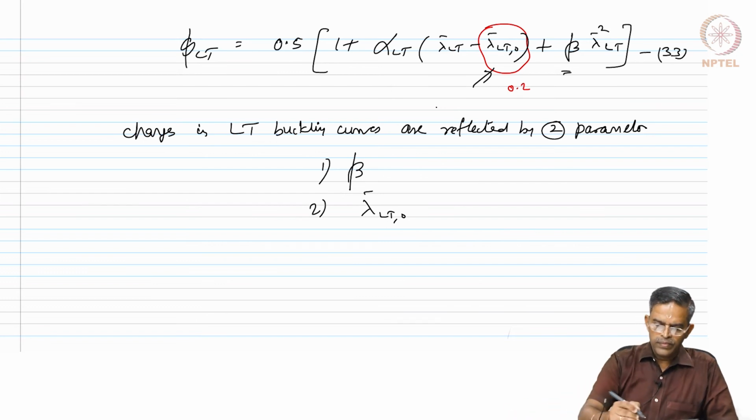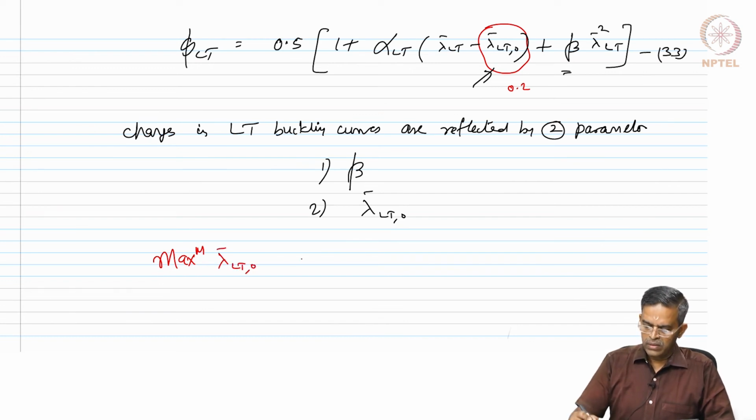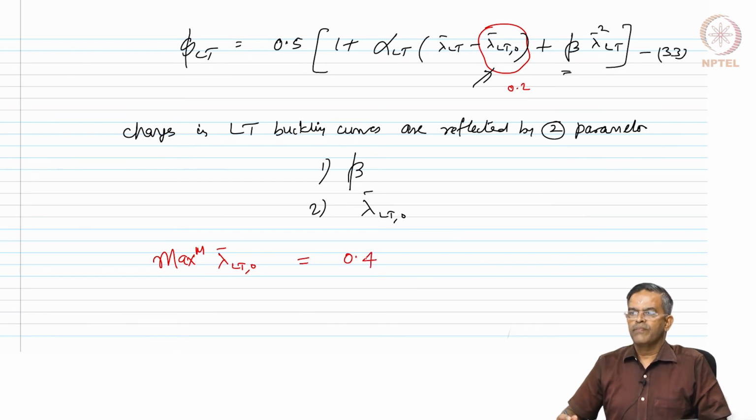So, now the code also imposes a maximum limit for lambda bar LT naught. The maximum limit imposed by the code is 0.4.